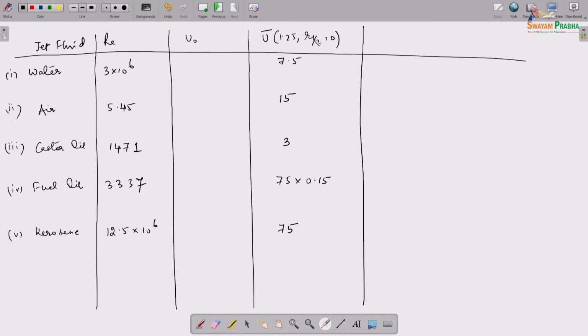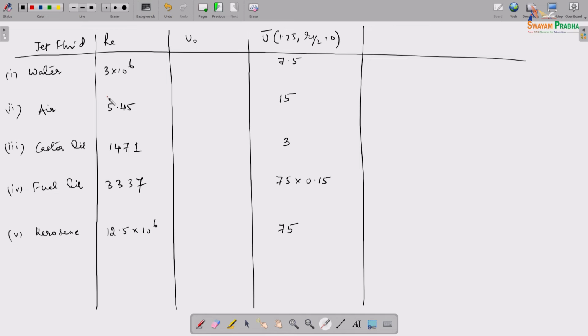Right, so this is the mean velocity, and you can see there is really no pattern in this. However, this has the maximum RE. The fifth one, the kerosene, has the maximum RE. Then you have the water, then you have fuel oil, then castor oil, and then you have air.